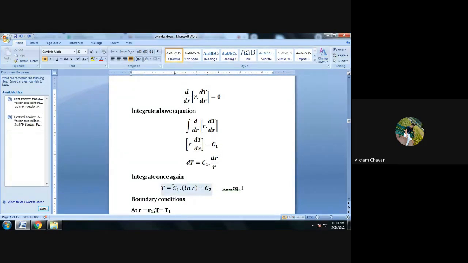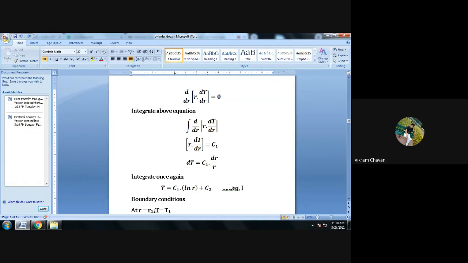And we have to introduce a second integration constant, because we are taking the second integration. So after integration, we will get the equation t is equal to c1 multiplied by ln of r plus c2. Give this equation the number Roman 1.